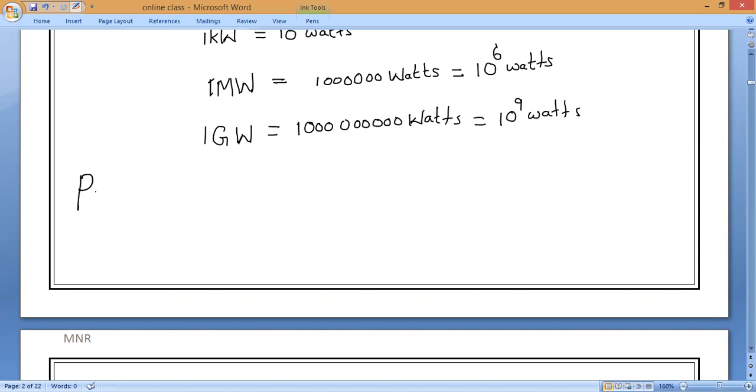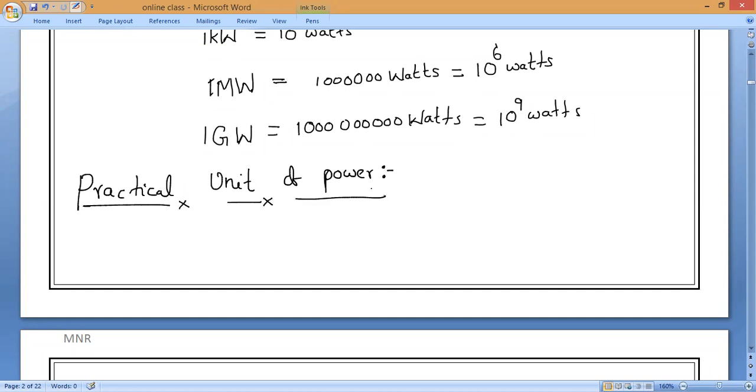So let us take commercial or practical unit, meaning which we are using in our daily life. The practical unit of power is very, very important, having a lot of applications in our daily life. All of you remember, the power of electric motors, power of machines, power of engines, etc., we used to measure not in megawatts or gigawatts or watts.